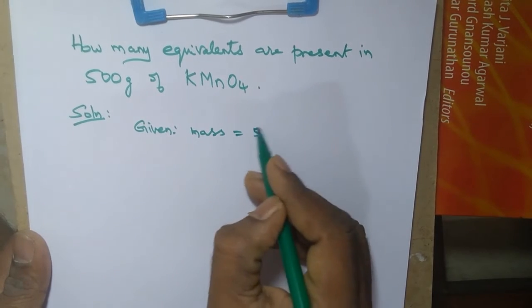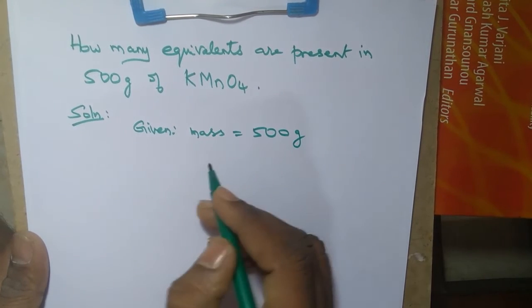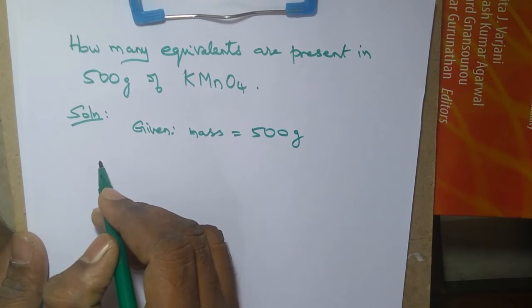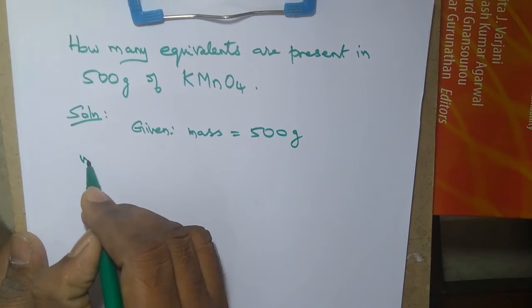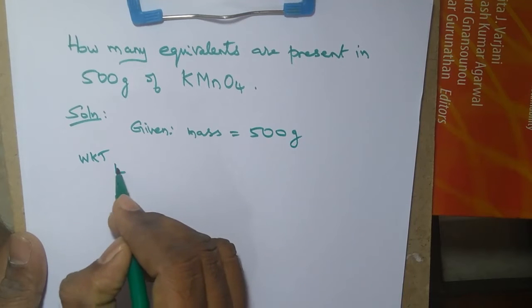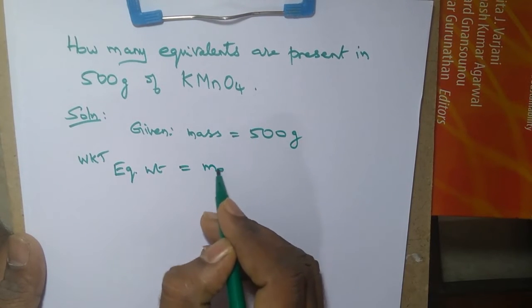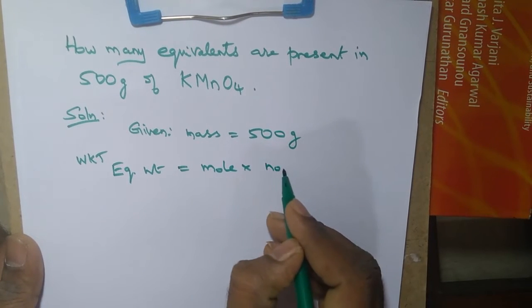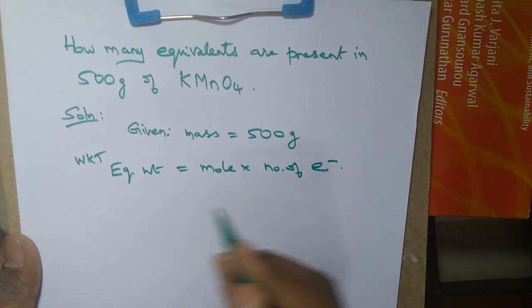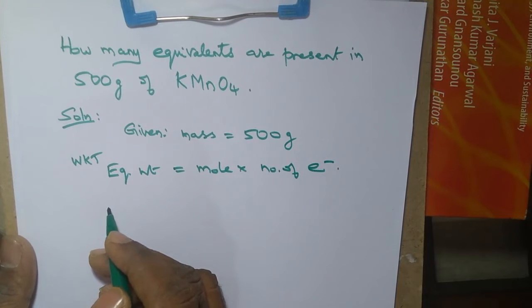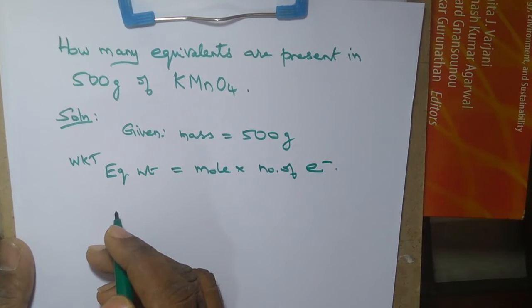Okay. So first, what data is given: 500 grams of KMnO4 is given. What is the relationship between moles and the equivalents? Equivalents are equal to moles times number of electrons gained or lost, or valency factor. First we should convert the given grams into gram moles.